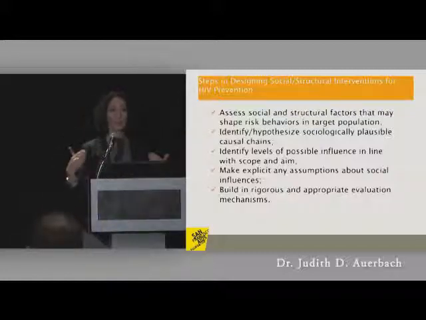What are the sociologically plausible chains that lead eventually to HIV risk or resiliency? Figuring out what can you influence and what can you not influence, and being very explicit about assumptions about how these social influences work, and then being really rigorous and building in evaluation mechanisms. So those are key steps.